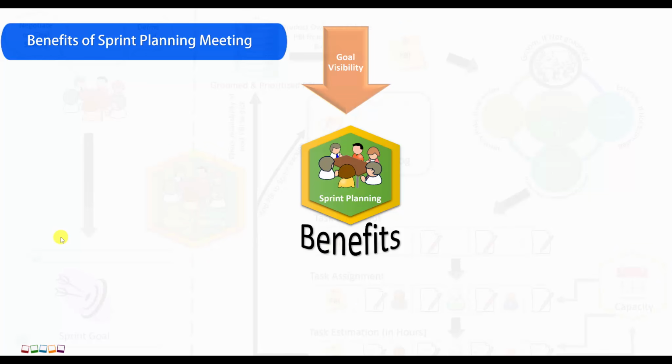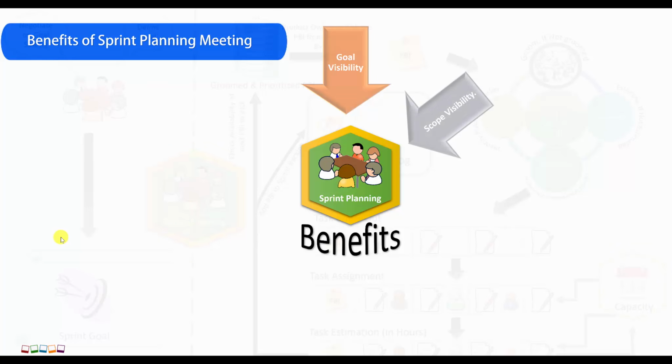So the team members, stakeholders, business analysts, or business sponsors get visibility of the incremental goal that we are targeting for this sprint, and every sprint will have some goal. So you can have visibility of the goal from the sprint planning meeting.